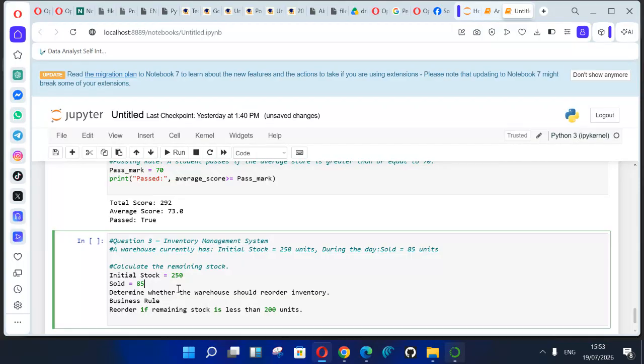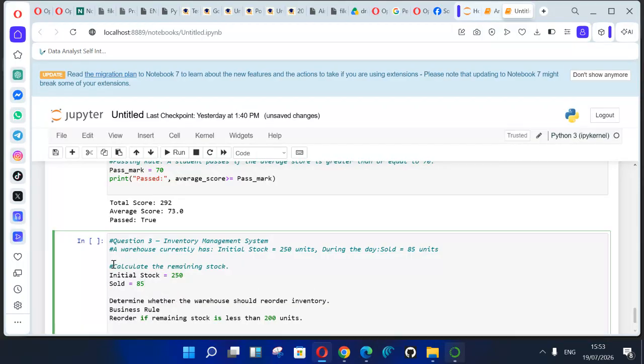Now calculate the remaining stock, which is going to be equals to initial stock minus sold stock. Let's follow the rules, please.